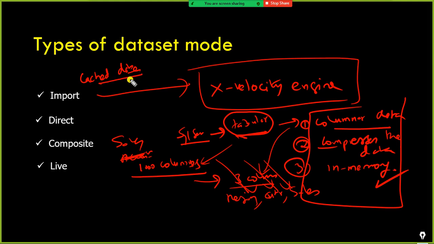It is cached in your memory, so in a matter of a jiffy you say, this is the number, 98467. Similarly, by caching the data in memory, the X velocity engine makes the performance faster when it comes to import.